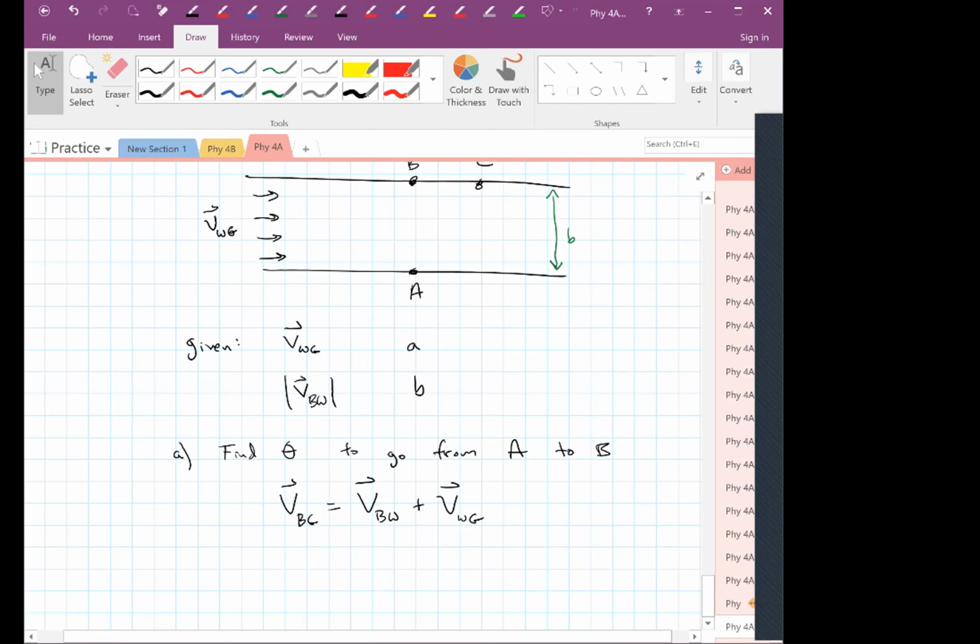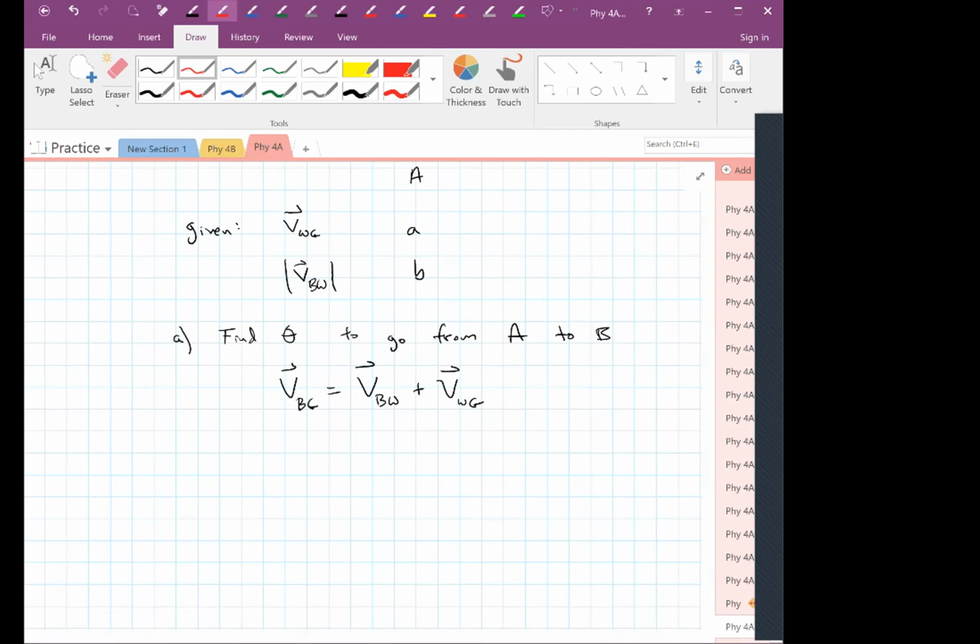Right, so our equation looks something like this. The first subscript has to match, the last subscript has to match, and the two in the middle have to be the same. And this is true even if you have more things moving.